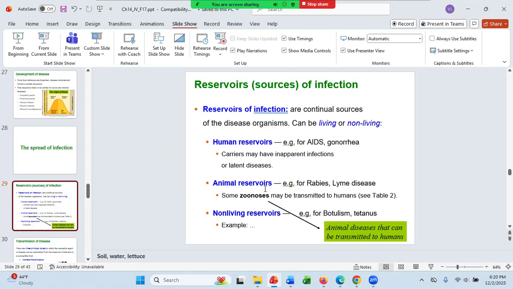For some diseases like rabies and Lyme disease, the disease can only come from an animal. These we call zoonoses. Some zoonoses can be transmitted to humans. An animal disease that can be transmitted to humans is called a zoonosis.